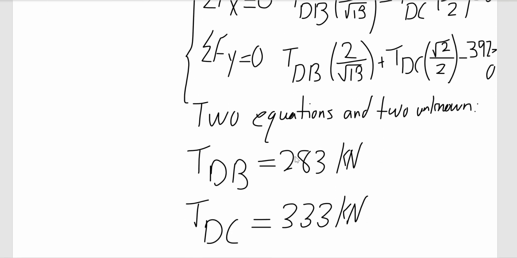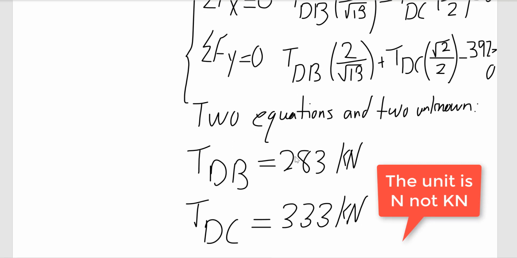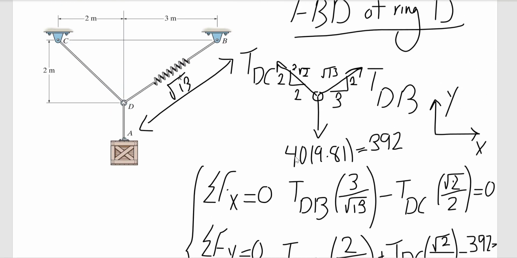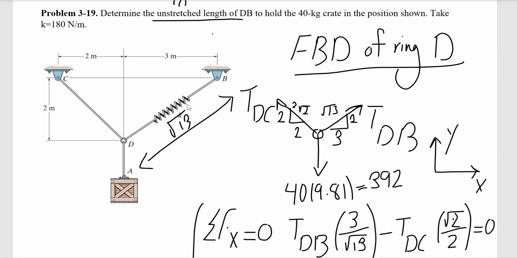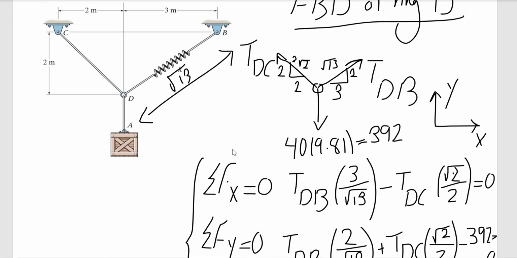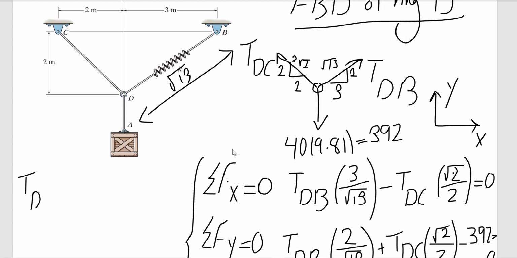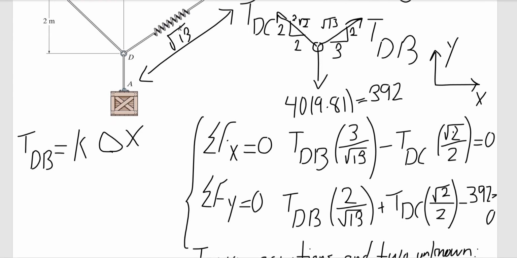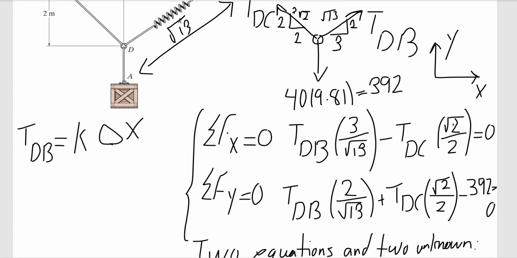The problem is asking for the unstretched length. I did all of these to find TDB, the force that is acting on our spring. Got TDB, according to the spring rule, TDB is K delta X. What is delta X? Is the deformation, is the displacement of our spring.